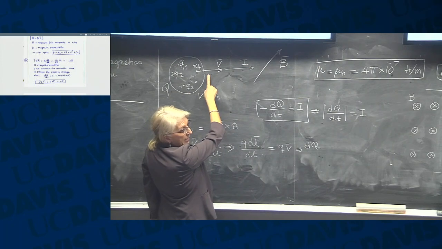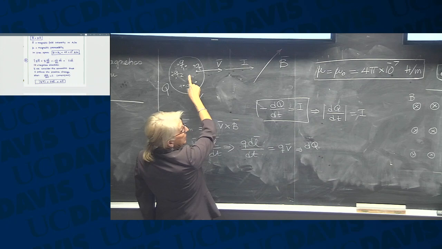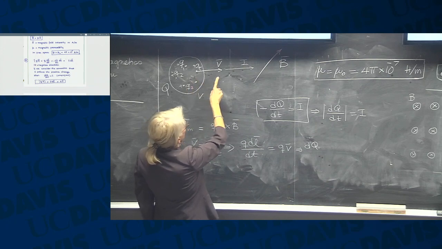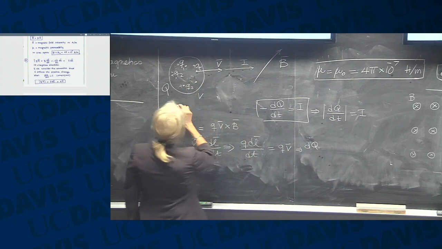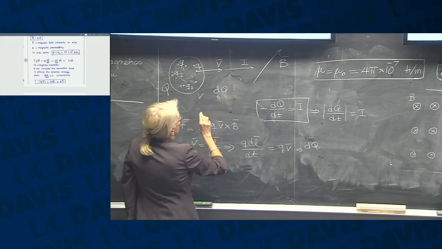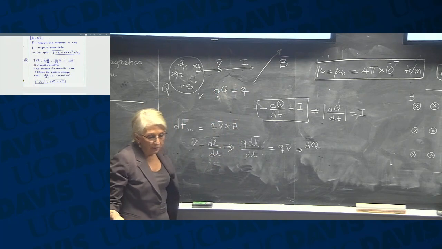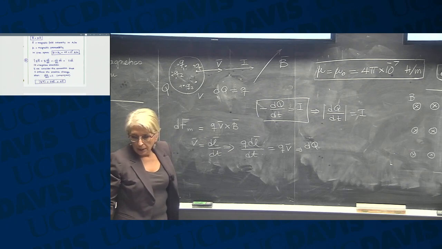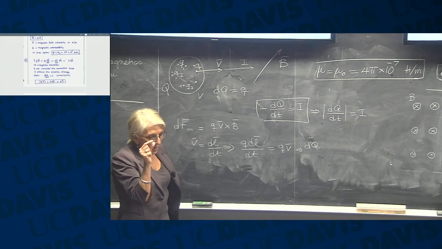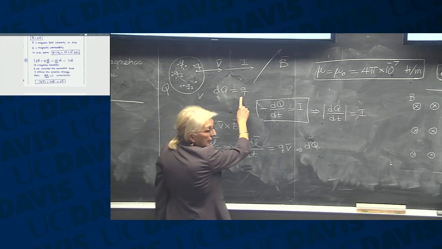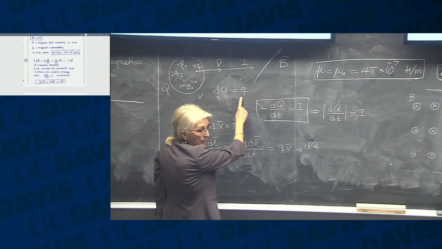All right, the change in the charge in the volume over time t was nothing else but q. That was exactly what left the volume. So the small change in the total charge was exactly equal to what left the volume.